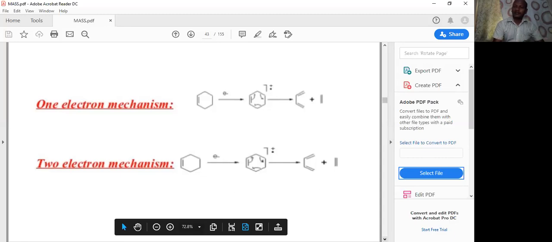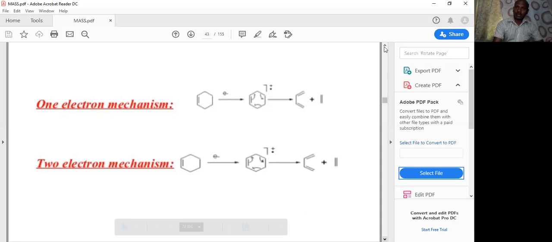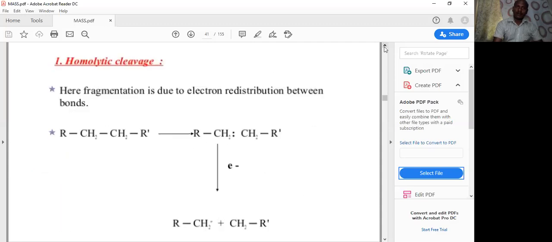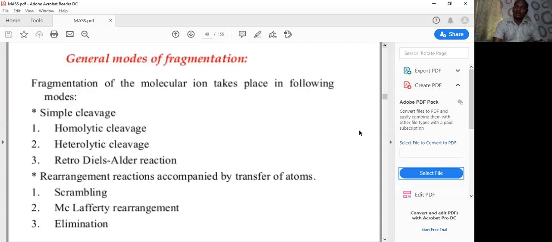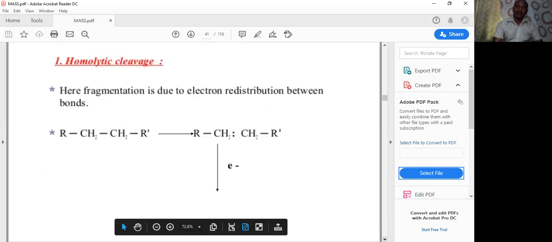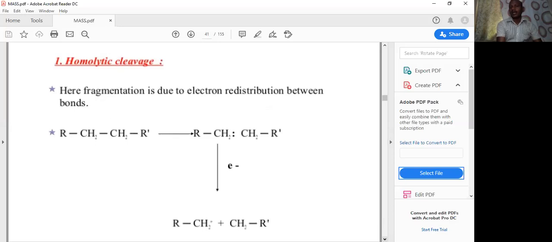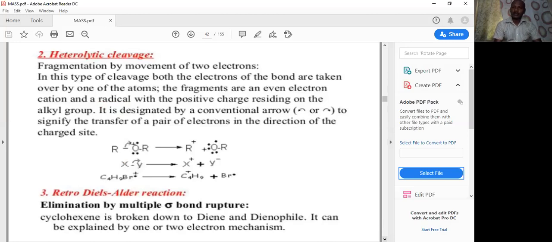So in the first part we discussed simple cleavage: how a molecular ion can undergo fragmentation by homolytic cleavage, heterolytic cleavage, or retro Diels-Alder reaction.